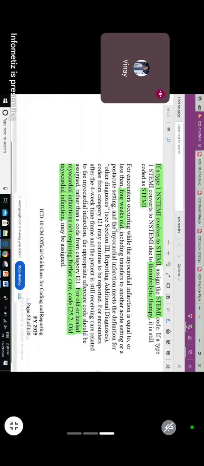Okay, now come to a very interesting guideline. That would be the last guideline for this chapter. That is the 4-week guideline of MI, not only STEMI, not only NSTEMI, but all the MI, whether it's type 1, type 2, STEMI, NSTEMI, anything. We follow the 4-week guideline. A patient suffered a heart attack on the 1st of December. He got admitted to a hospital.